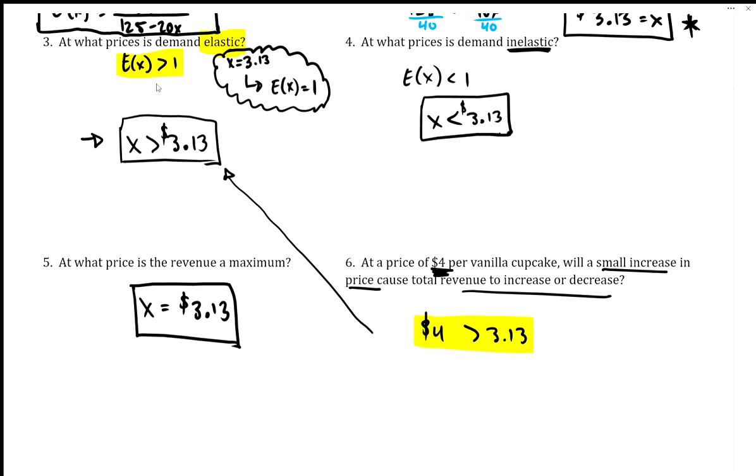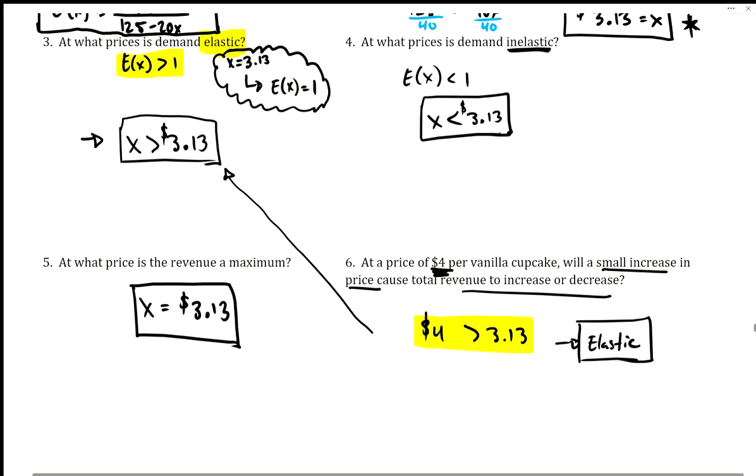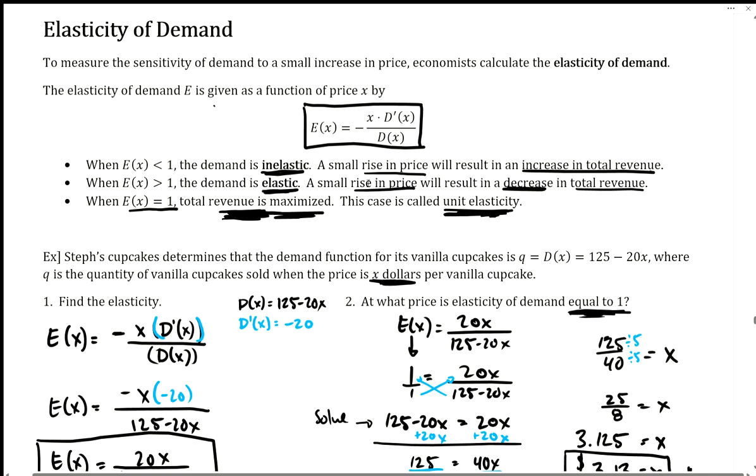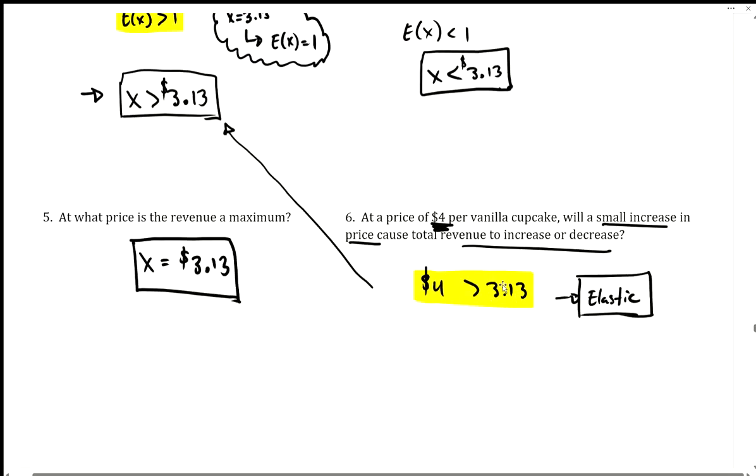But now that we have that, well, we just have to remember, what does elastic mean? Okay, so this is elastic. So they might ask that too. Well, if it's elastic, we had it up there in the bullet. A small increase in price will make a decrease. So it's right here. Small rise in price will result in a decrease in total revenue. Okay, so that's too much because 3.13 is already the maximum revenue. So if we change it, it's not going to go well for us.